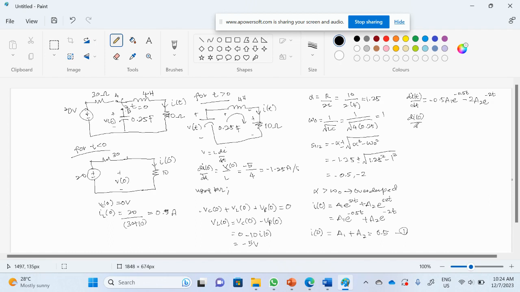And when you substitute with zero, exponential 0 is 1. So negative 0.5 A1 minus 2 A2 equals to di I0 dt, which is negative 1.25. This is equation number 2.